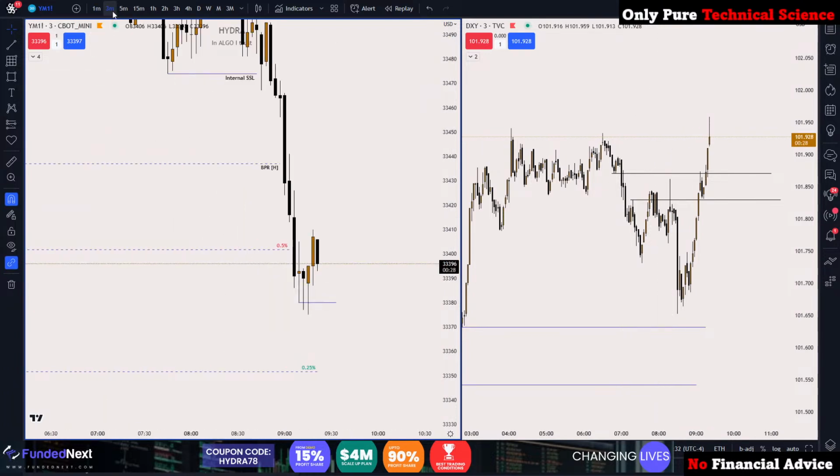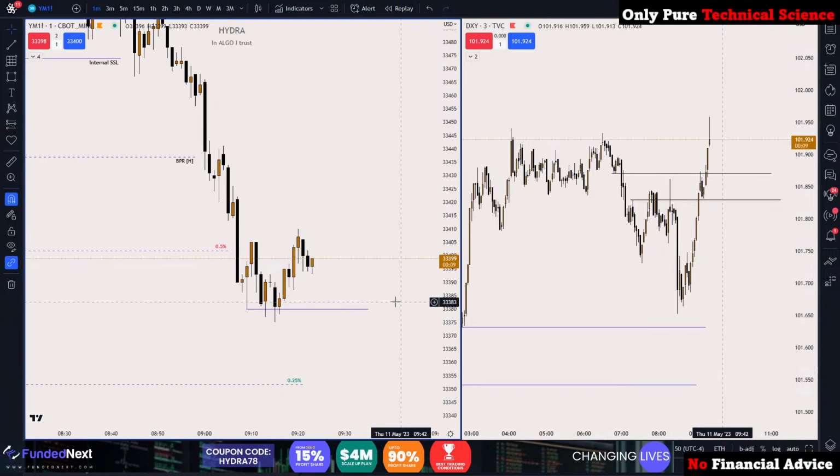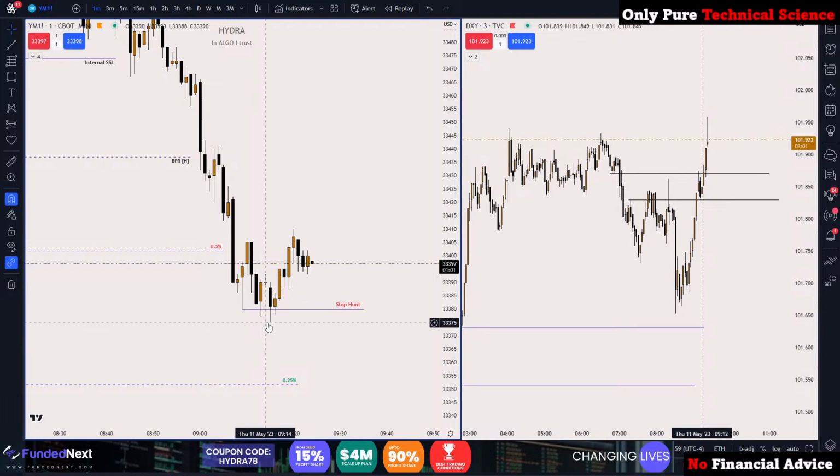And on 3 minute chart, I do see price generated a CB here, and now price is respecting. If price wants to support my analysis, a run into buy side liquidity, I want to see this CB not holding price, rather this CB failing, and to do so, that's our lower low, right? So I'm gonna mark it, that's where the stop hunt happened, and new lower low right here, and we are inside our macro.